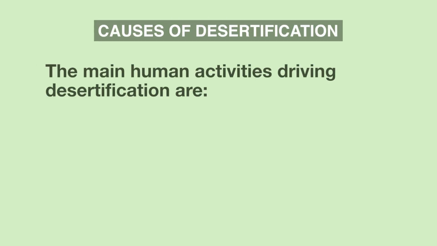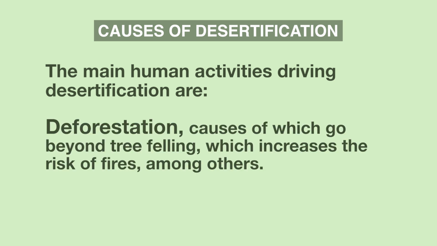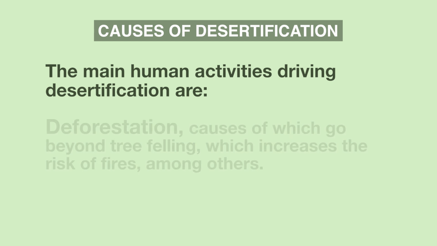So first, we need to learn about the causes of desertification. The main causes of desertification are human activities like deforestation, the causes of which go beyond tree felling, which increases the risk of fires among others.